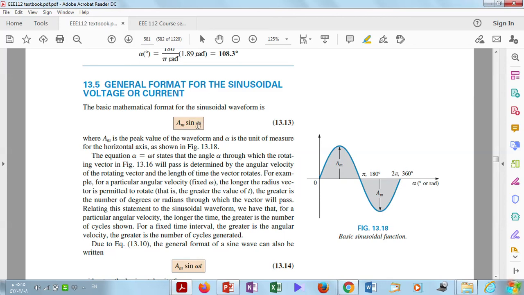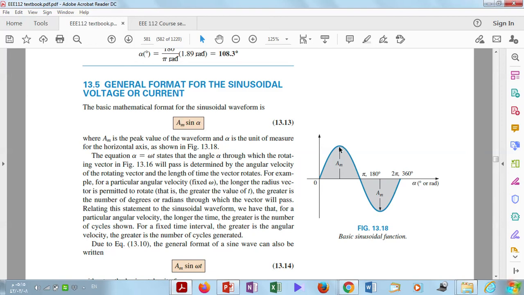For example, you need to find the value at this point. What will you do? You will find the alpha here, the angle, for example 45. You will substitute sine 45, you will get some value and multiply by the peak.